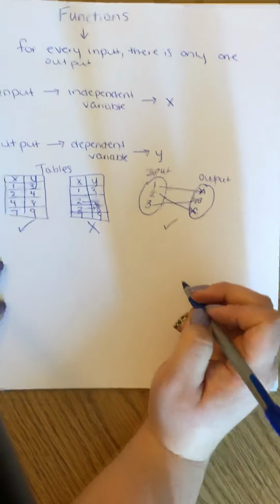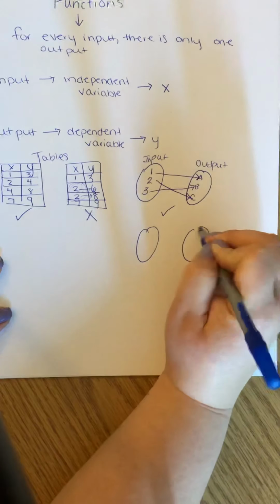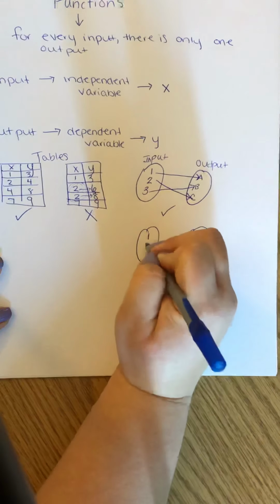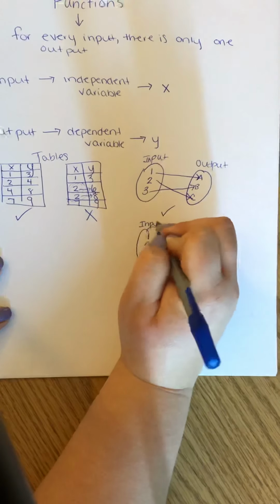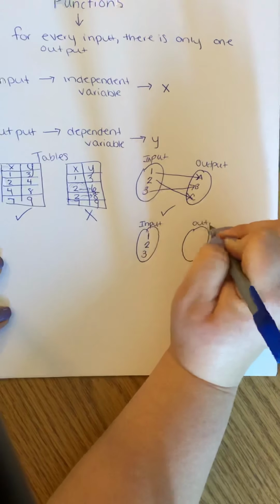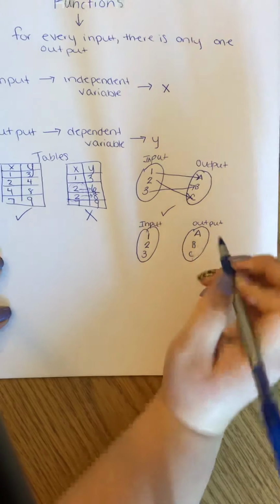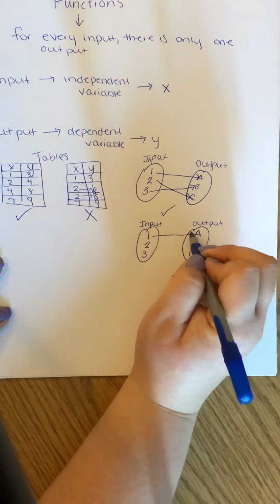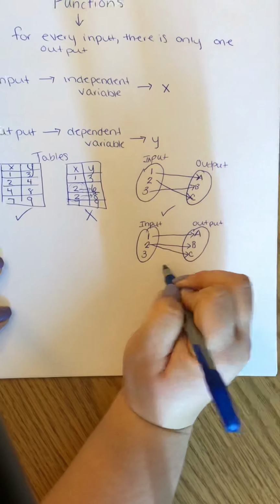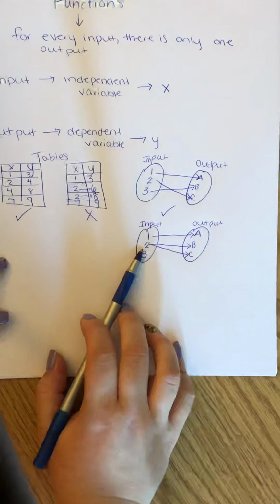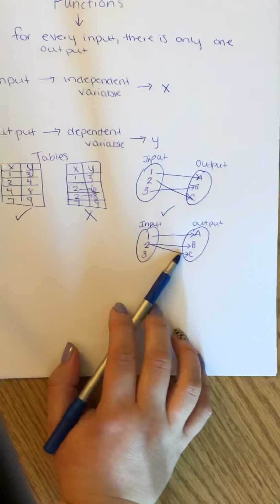But if we did that same idea and you got something like this. So these are still my input values and these are my output. If this happened, this input of 2 is now going to 2 different outputs.